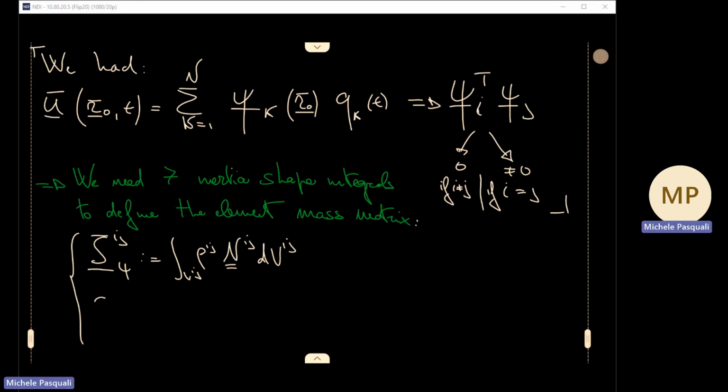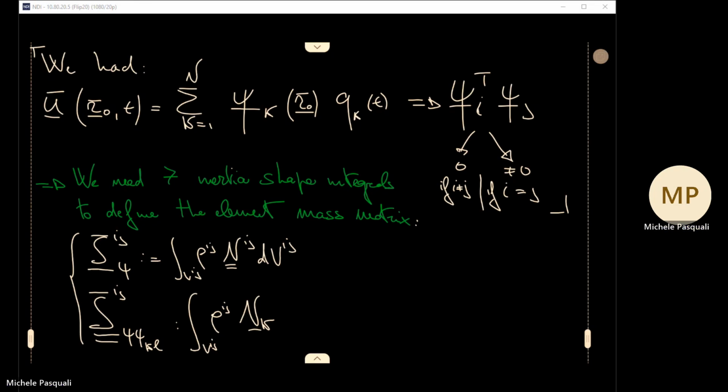And then matrix quantities. Of course, with K and L that always go from 1 to 2 and to 3.